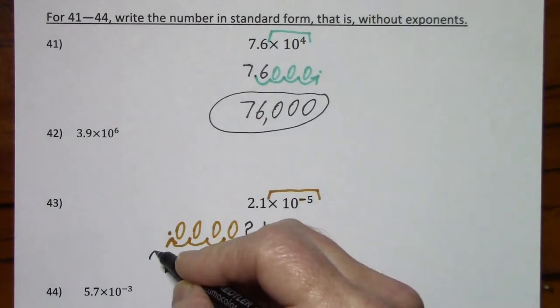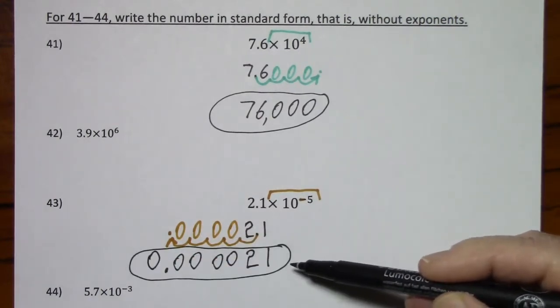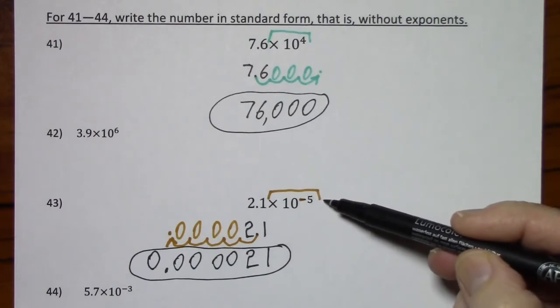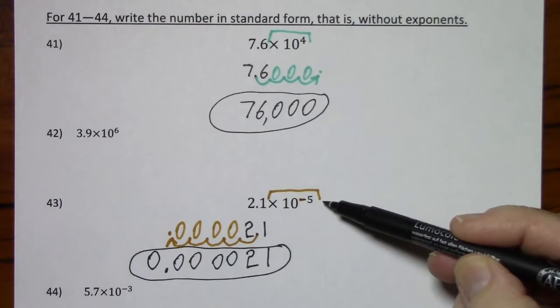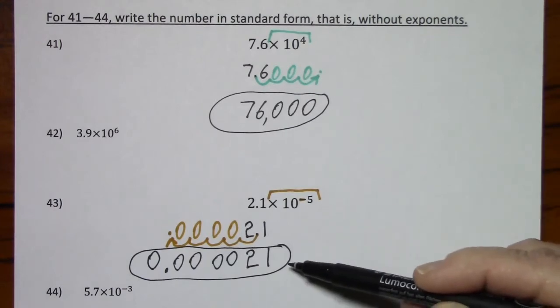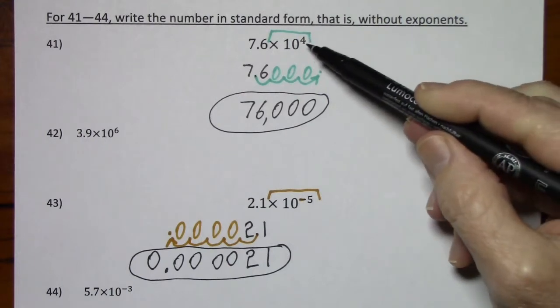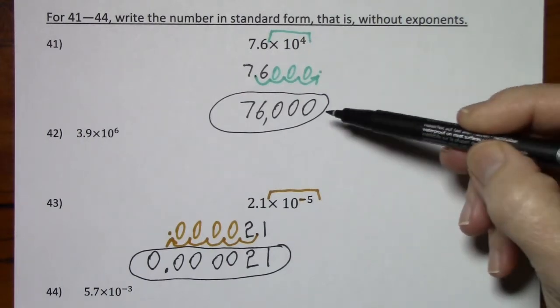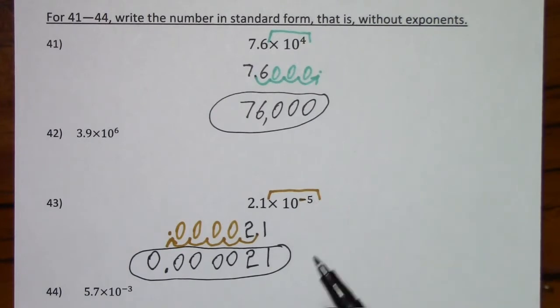You can put a leading 0 if you like. So again, this number and this number mean the same thing. It's just this is in scientific notation, this is in standard form. Notice if you have a positive exponent, you're talking about a big number. If you have a negative exponent, you're talking about a small number.